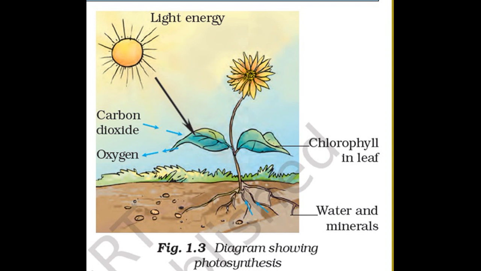Light energy, we get it from the sun, which is absorbed in the leaves, and carbon dioxide is taken in from the air, and chlorophyll is present in the leaves, with water and minerals from the soil. All these components are important for the making of food, which is called photosynthesis.